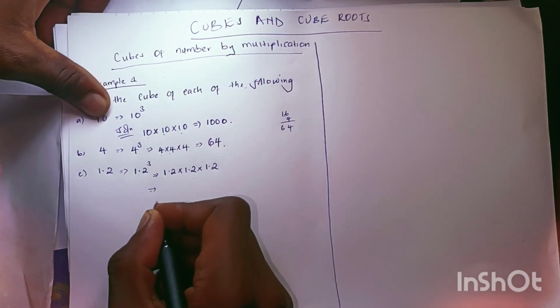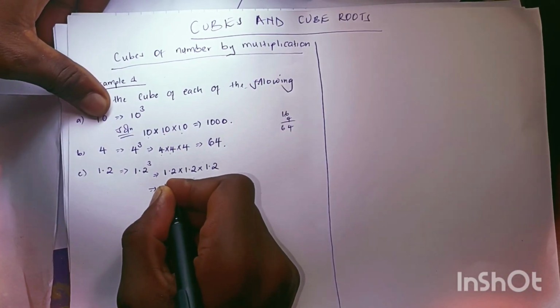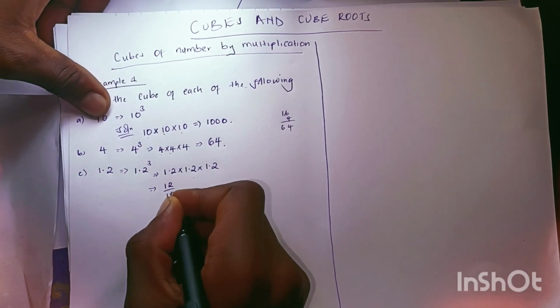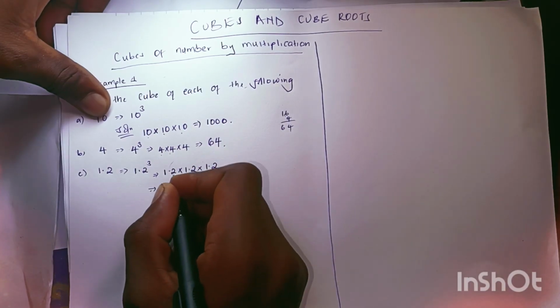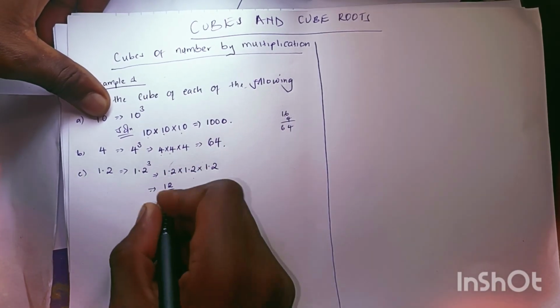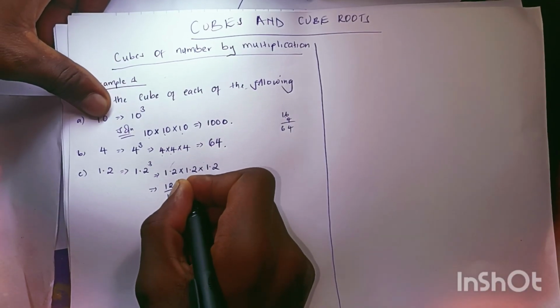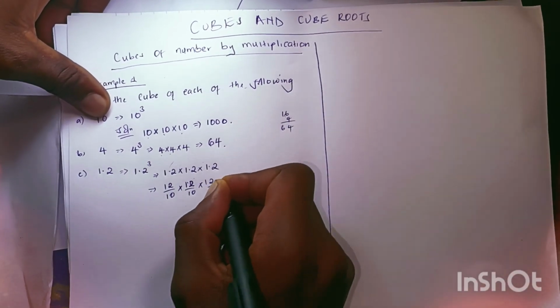Another person can write this as 12 over 10, because when I remove this decimal, it will be 12 over 10 times 12 over 10 times 12 over 10.